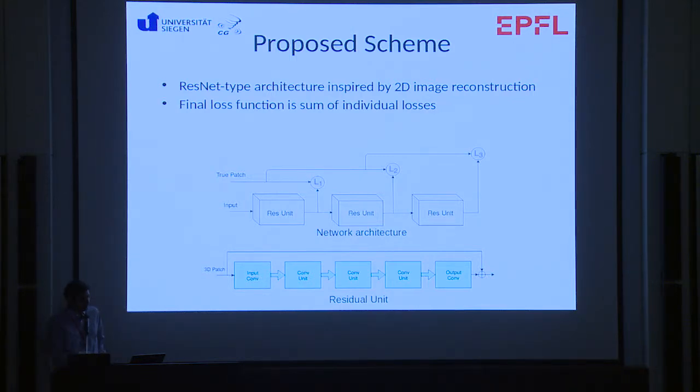So we follow a similar approach, and this diagram describes our architecture. We have 3 residual units, and we train with the input 3D spatiotemporal patch and the true spatiotemporal patch with loss functions. And each residual unit has 3D convolutional filters.